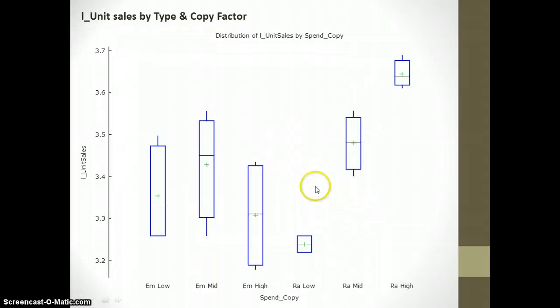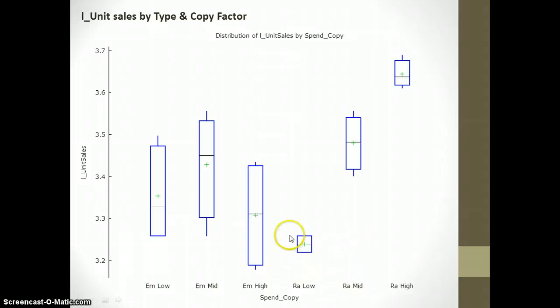Here's where we came to the aha moment in the observations. So what we have here in these first three boxes is the emotional type of advertising, with the breakout of the different levels of spend. The second three boxes here is for the rational observations, the rational type of advertising at each level of spend.